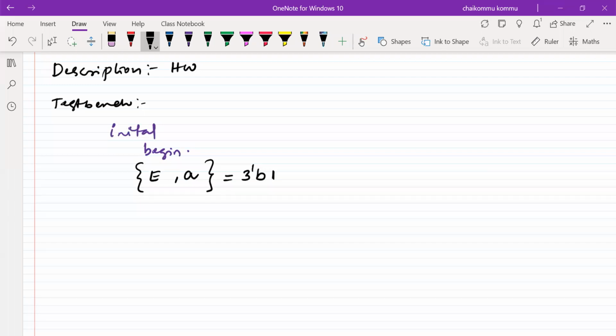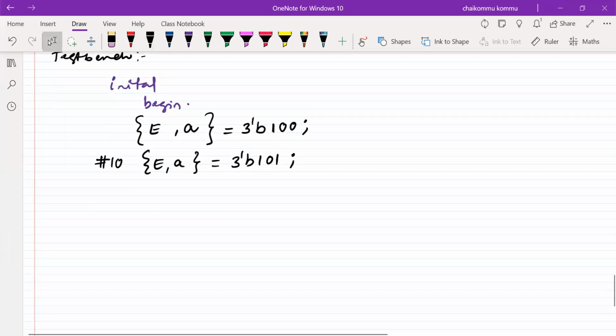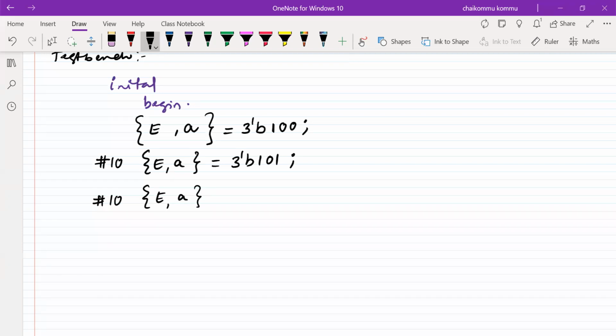1 0 0 is the first case. After 10 nanoseconds, for example, E comma A is the 3-bit value 101. Here it is not necessary to develop all 8 combinations, because it requires only these input combinations.